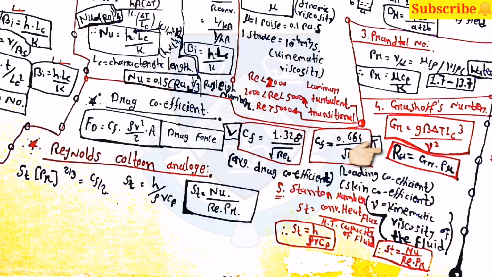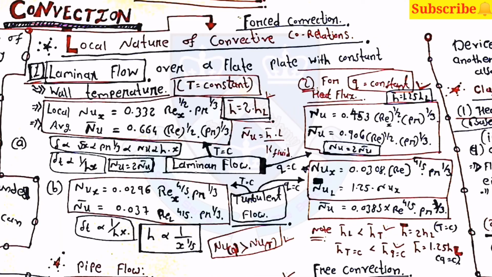Here Ra is equal to Gr into Pr, in which Ra is the Rayleigh number, Gr is the Grashof number, and Pr is the Prandtl number.